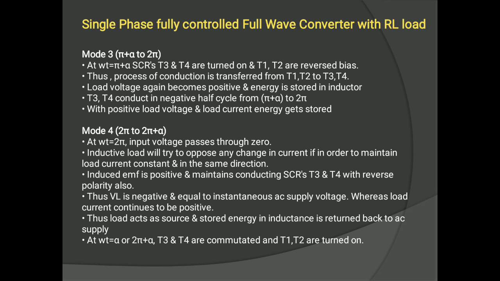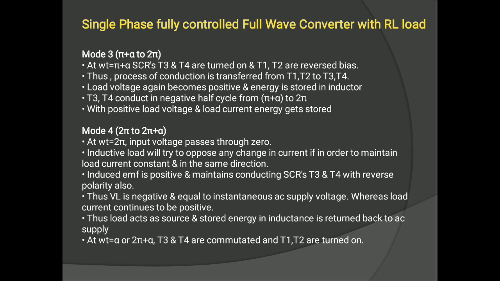Now mode 4, 2 pi to 2 pi plus alpha. At omega t equals 2 pi, the input voltage passes through 0. The inductive load will try to oppose any change in current and maintain the load current constant and in the same direction. The induced EMF is positive and T3 and T4 are with reverse polarity.